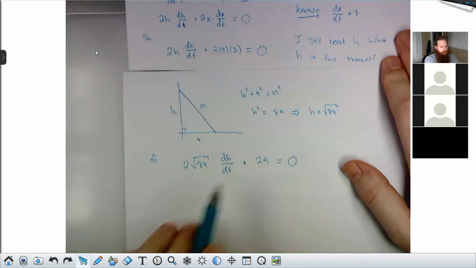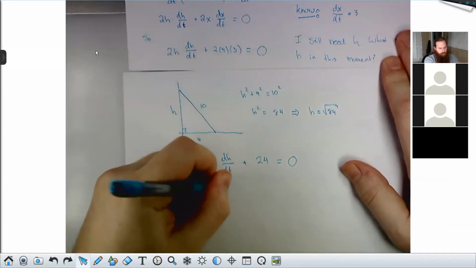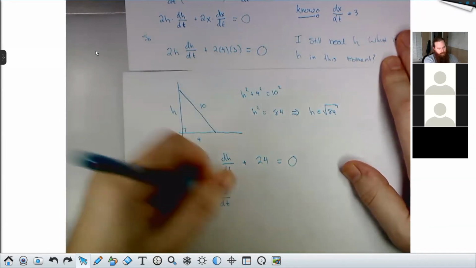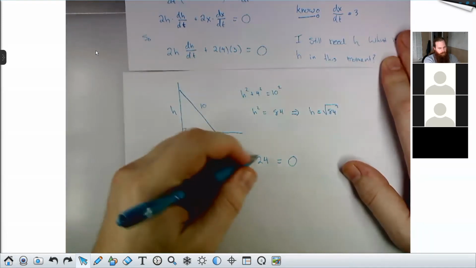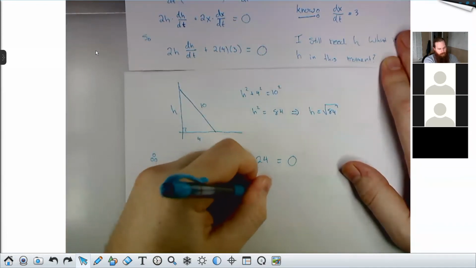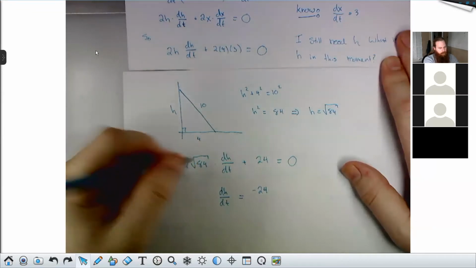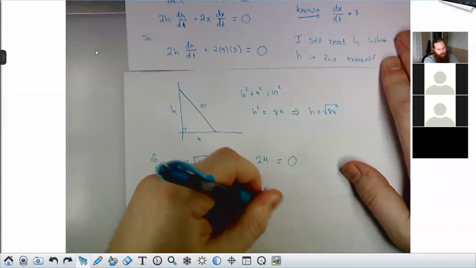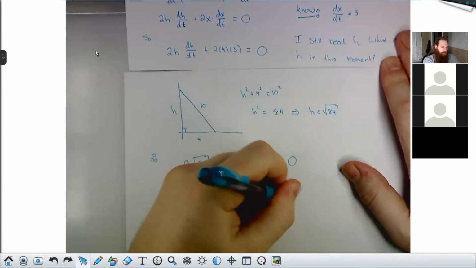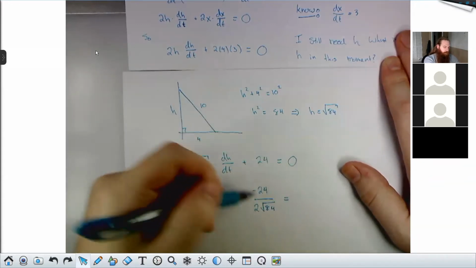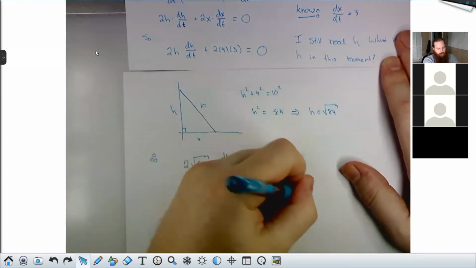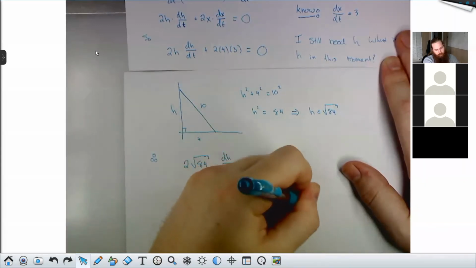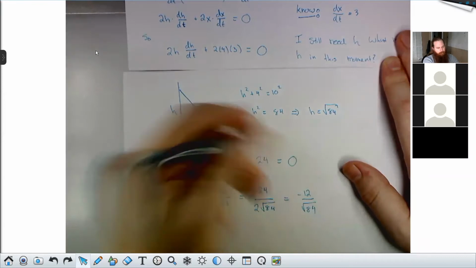And now I can solve for dh dt. So dh dt, I subtract over the 24, and then I divide by this. Well, 24 divided by 2 is 12, so this is negative 12 over the square root of 84.